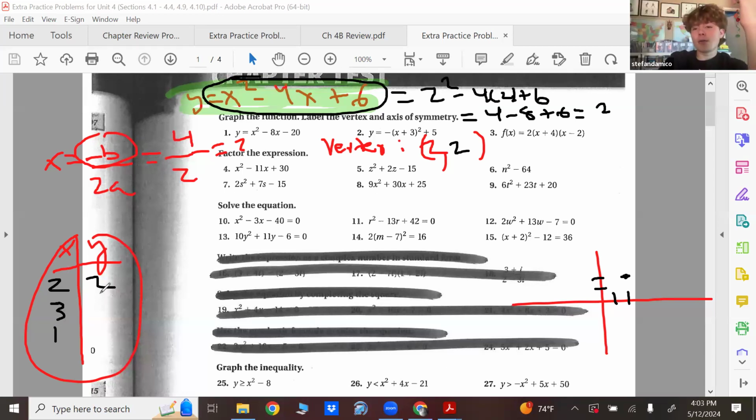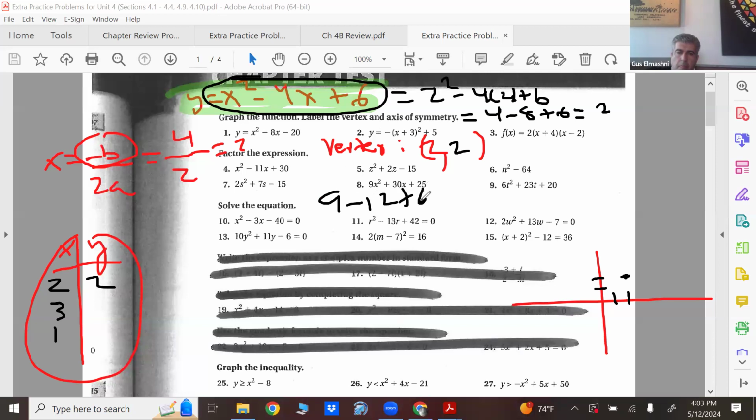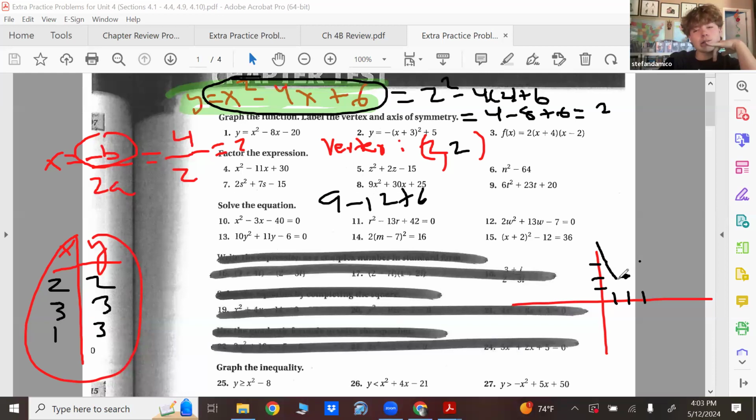I got 4, right? No. Plug in 3, you get 9 minus 12 plus 6. That's 3. Good. That's 1 for 1, and you should get 3 again here. Yeah.